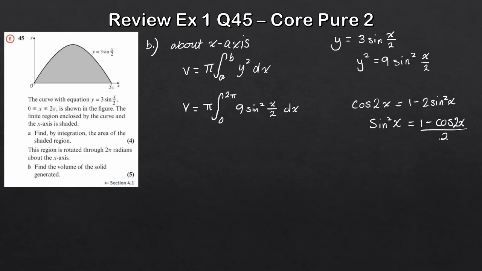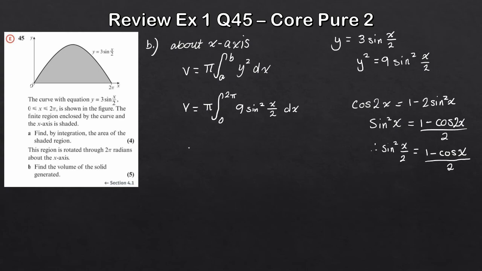Now we could write this in terms of x over 2. Sine squared x over 2 would simply be 1 minus cos x, divided by 2. So far, just our preparation for this question.